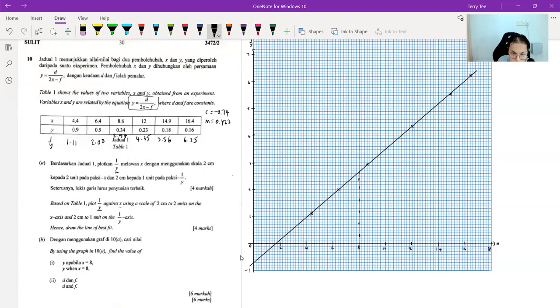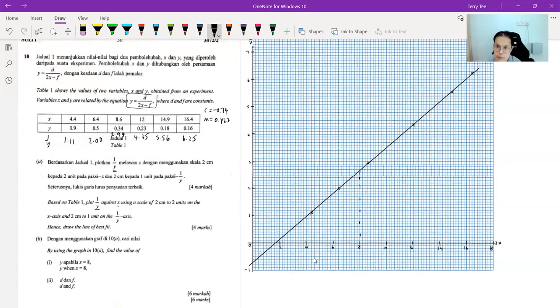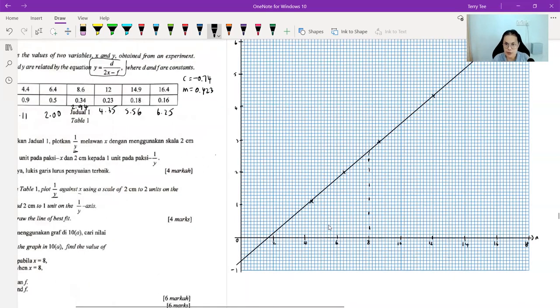It looks like 2.65. This is 3. 2.65 is in between 2.6 and 2.7.